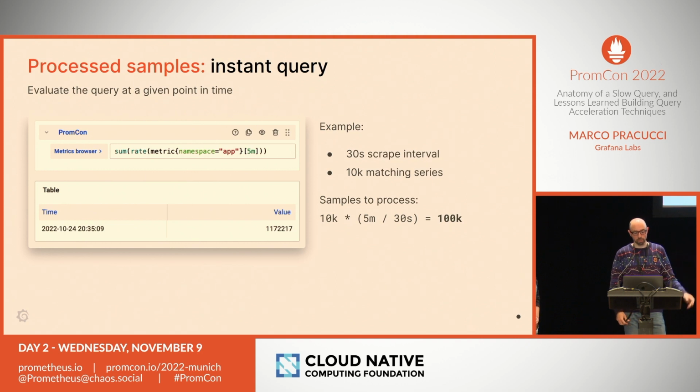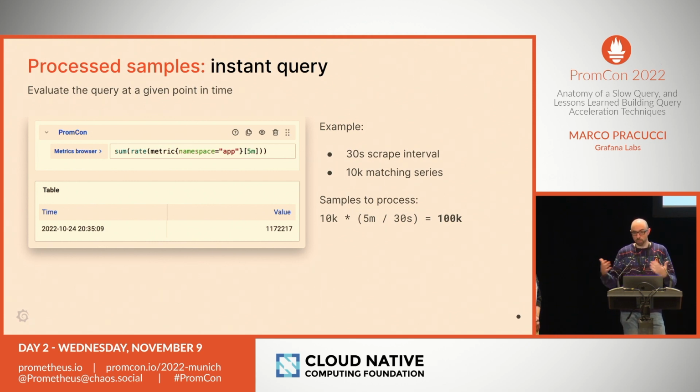What do I mean by processed samples? Let me show you through an example. We have our sum rate query, and we run this query as an instant query, which is evaluated at a given point in time. Let's say this query matches 10,000 series, and we have a time interval of 5 minutes in the query.